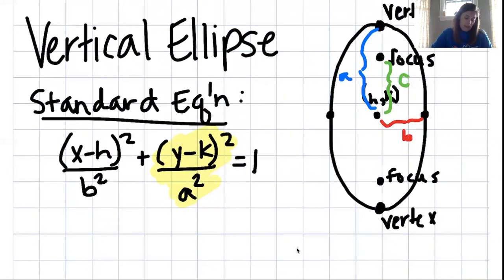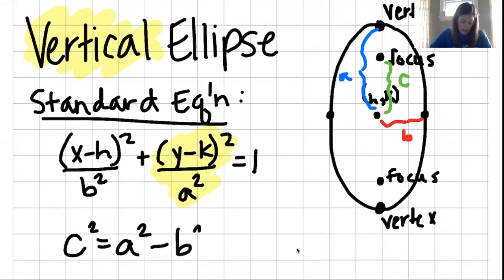Oops, didn't mean to cross that out. Okay, so that's going to give me the vertical ellipse. Similarly to our previous video, c squared is equal to a squared minus b squared. So it sounds like the Pythagorean theorem, but it's not. And that's going to give us the distance to the two focus points.